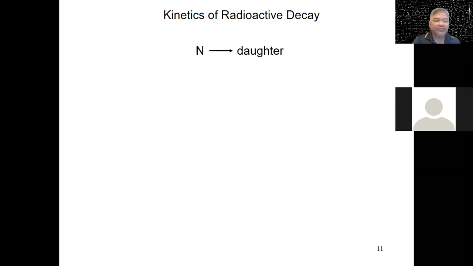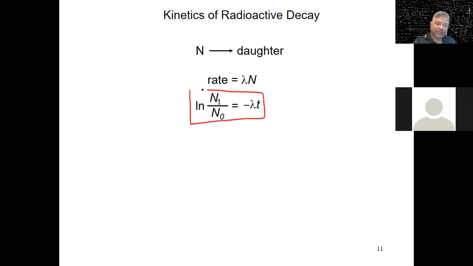So radioactive decay follows first order. In terms of integrated rate law, we use ln of A at a given time over A initial equals kt. So as you could see, it's just the same.